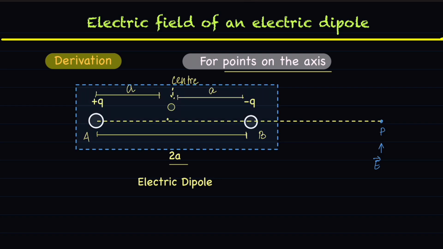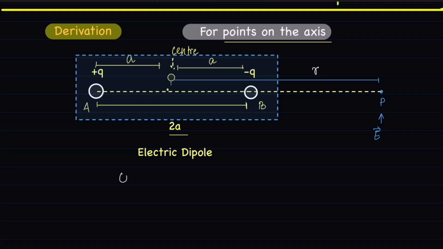So first we mention that the distance between O and P is r. The distance of OP is equal to r. And we know that the distance of OB is equal to a and the distance of OA is equal to a. Based on that, the distance of BP is equal to OP minus OB.